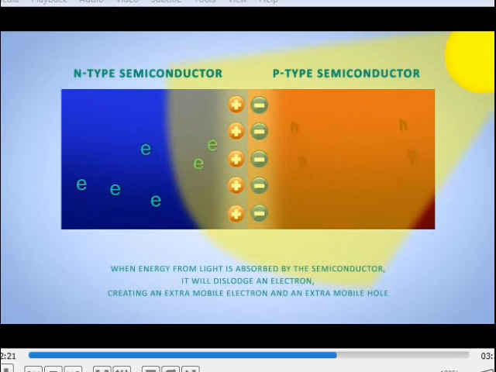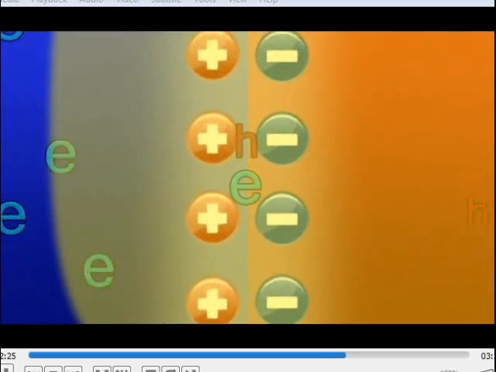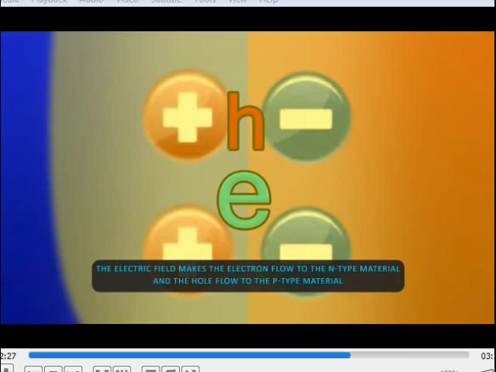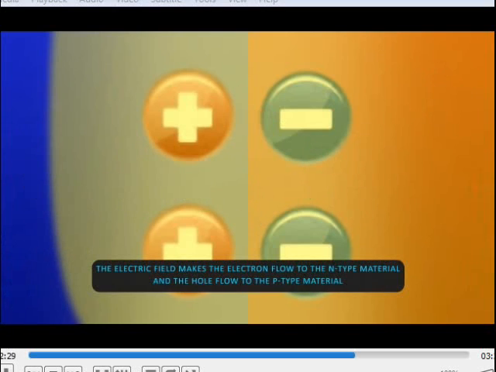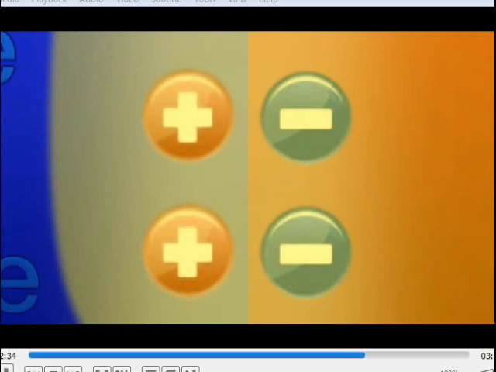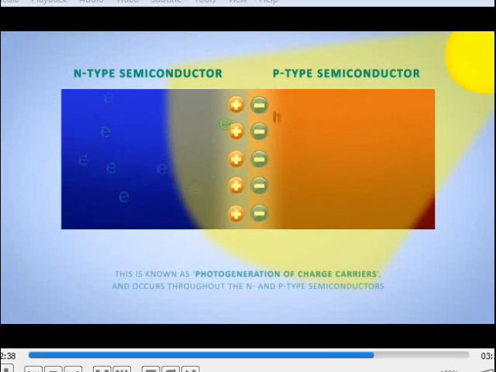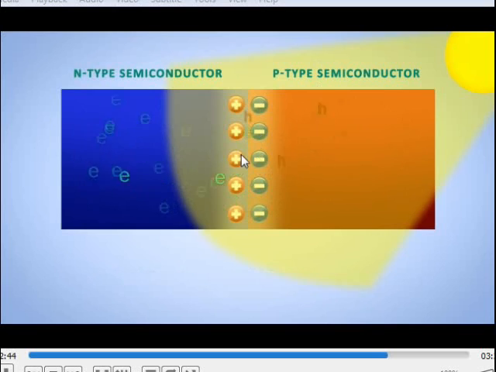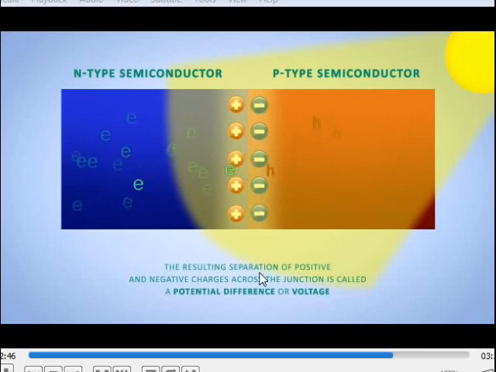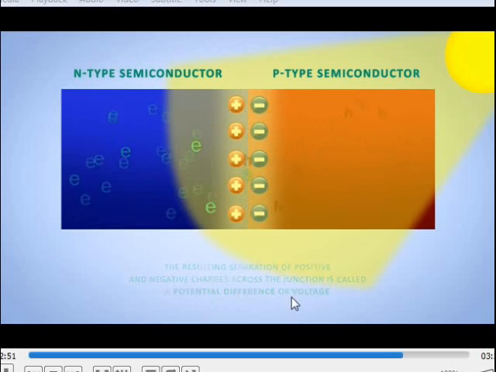Now the sunlight is falling on the junction. When the sunlight falls at the junction, the holes and electrons at the barrier get broken up, and they try to cross the boundaries. This process occurs as soon as the solar energy falls at the junction. Now they are free to move and cross the boundaries, resulting in separation of the positive and negative charges across the junction, which is called a voltage.